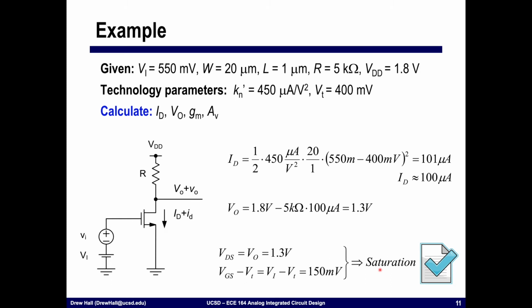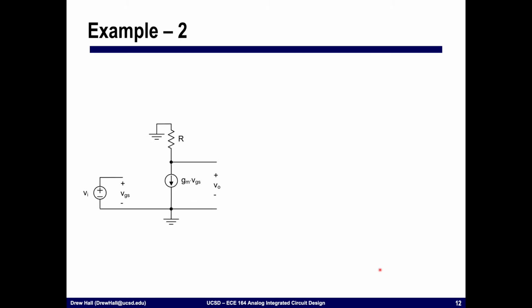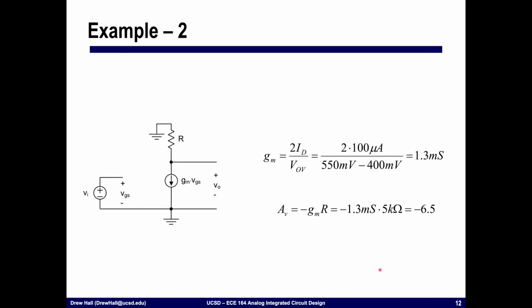So now I can compute the small signal parameters of this device, namely the gm and the small signal voltage gain. Okay? And so gm is equal to 2ID divided by VOV, 2 times 100 microamps divided by 150 millivolts. I get 1.3 millisiemens.